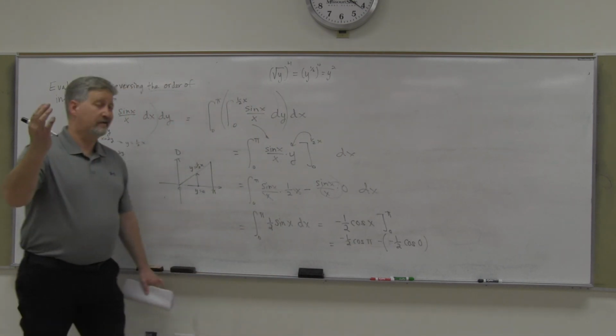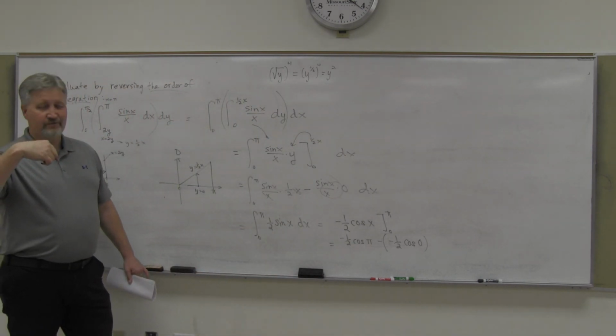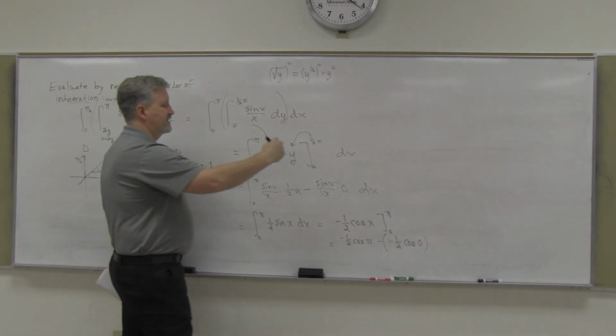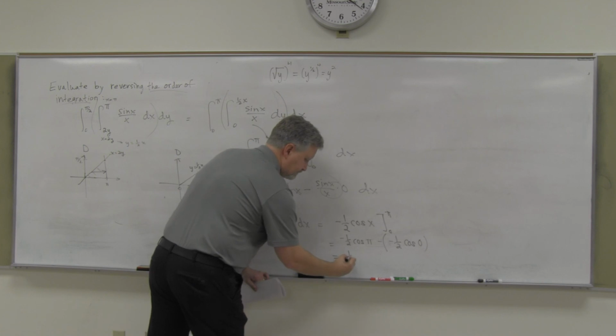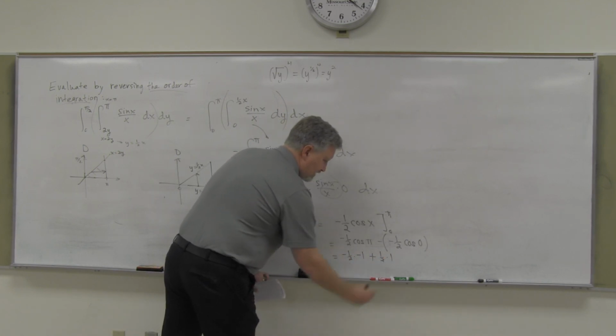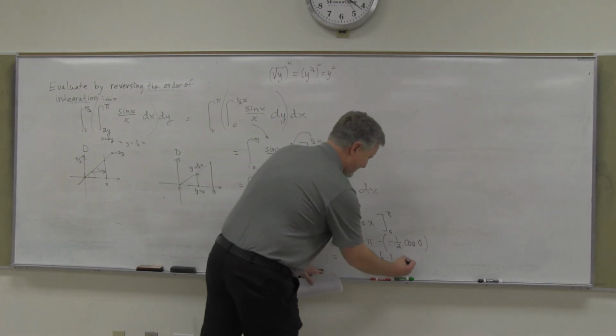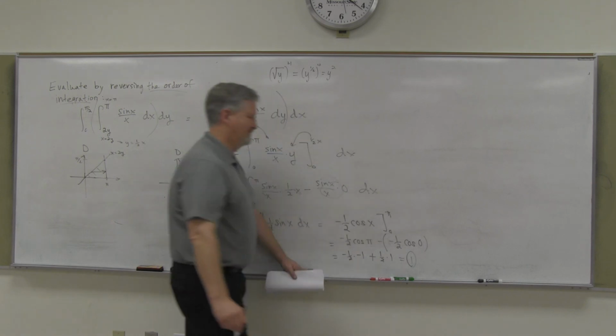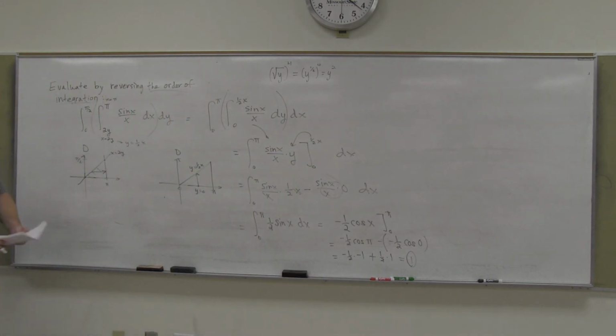Cosine of pi is negative 1, plus 1/2 cosine of 0 is positive 1. Hey, look at that, 1/2 plus 1/2. It's 1. Wasn't that what you were thinking when you started? It's got to be 1.